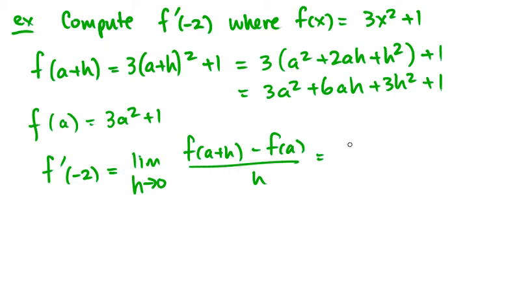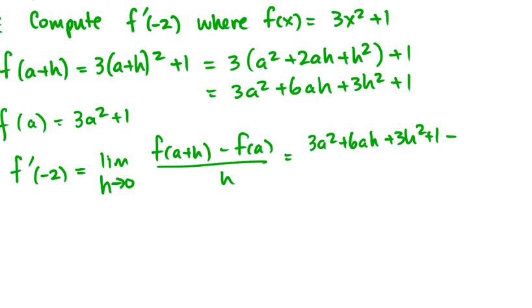And so I now have my f of a plus h, which is 3a squared plus 6ah plus 3h squared plus 1. I take away my f of a, which is 3a squared plus 1. It's all divided by h, and of course don't forget the limit as h approaches 0.